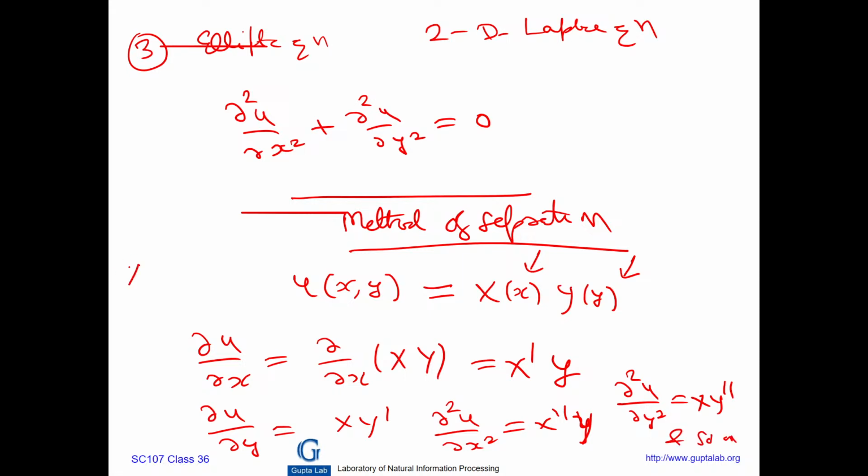So what is X'? dX over dx, and Y' is dY over dy. So basically, assuming that the solution is a product of two functions, one only a function of x times one only a function of y, just substitute and then solve.